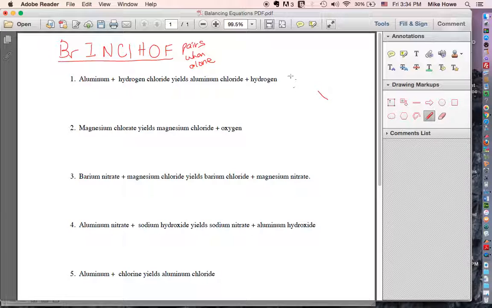So the first step was to write the symbols. The second step is to write the formulas correctly. And the third step is to balance the equation. Symbols are self-explanatory. Formulas require that you know the charges or oxidation states of the elements, and then you have to use subscripts. And when you balance, you have to use coefficients.